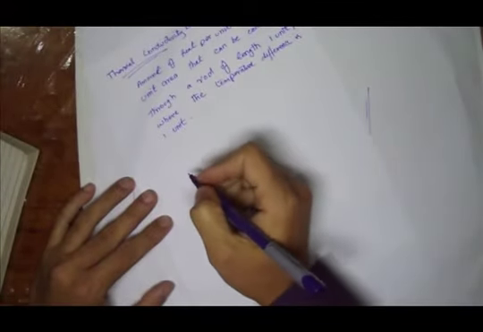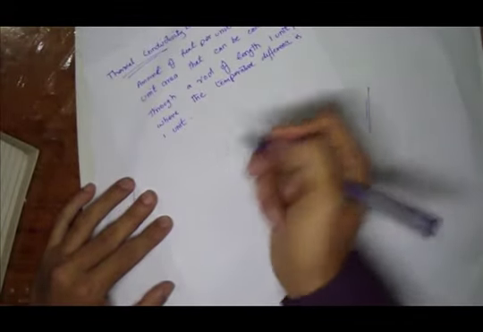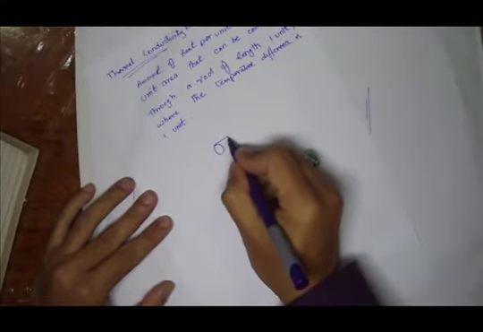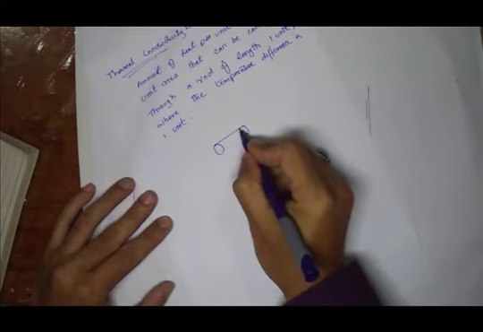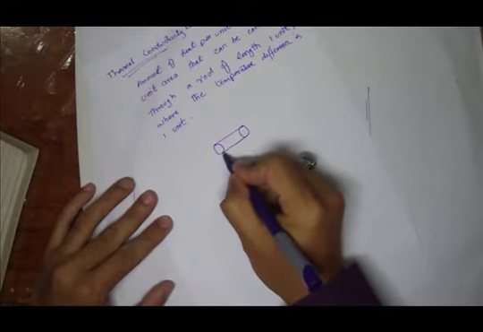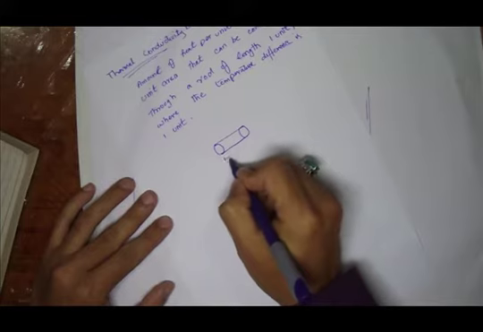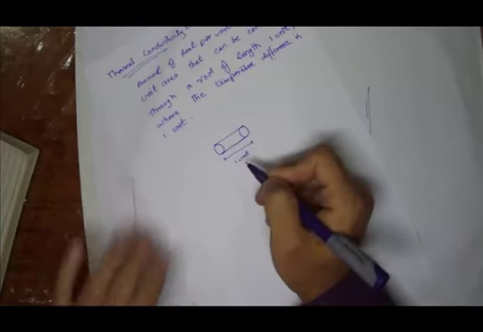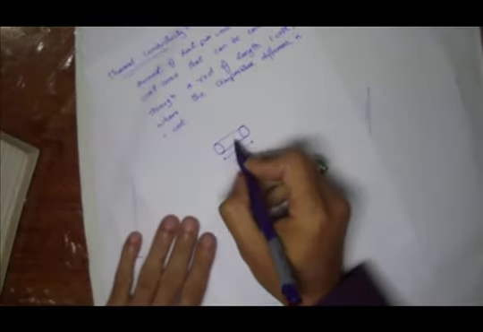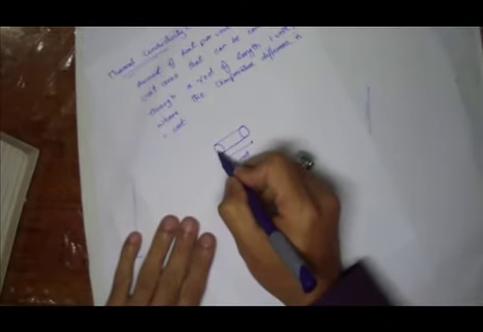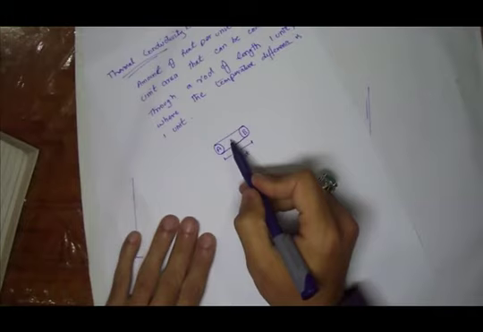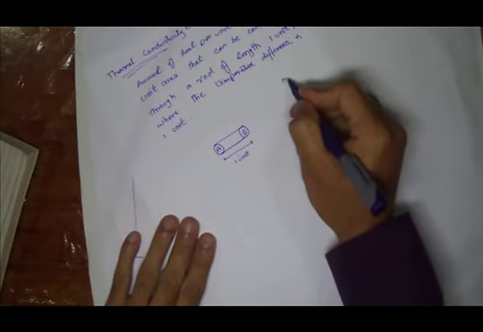Suppose we have a rod whose length is 1 unit. Suppose this rod is placed between two areas, area A and area B. Now, let us assume that the thermal conductivity of this rod is 0.5.